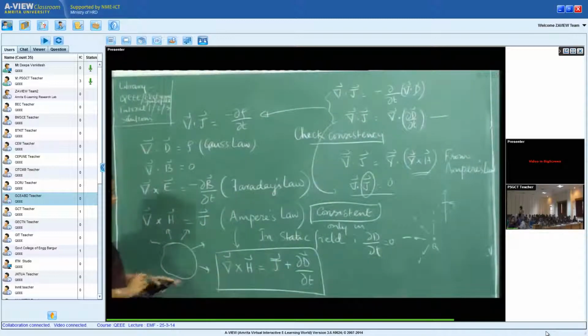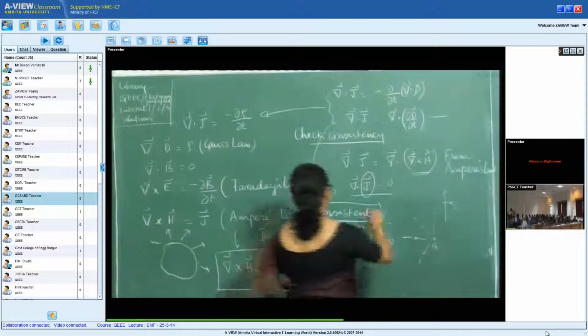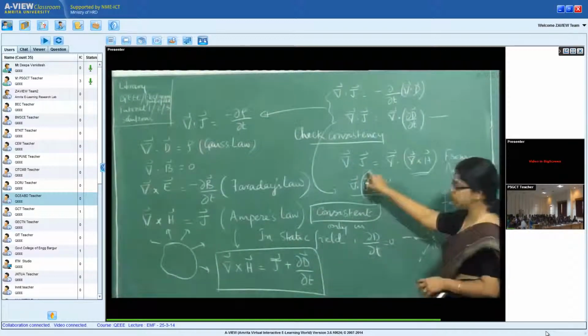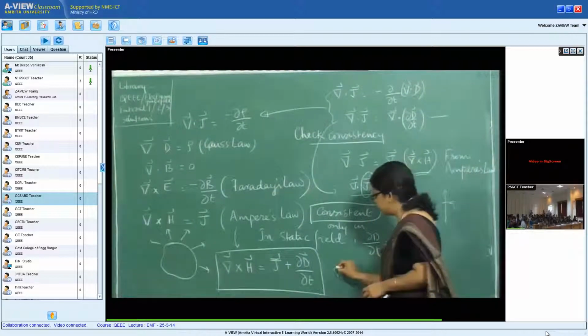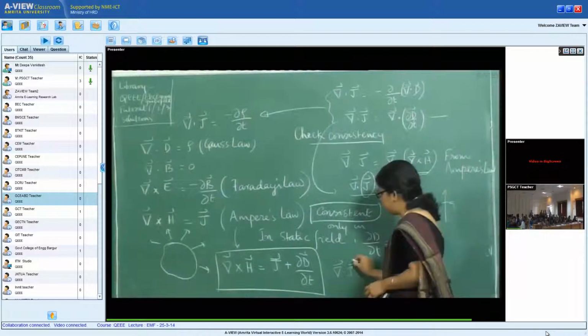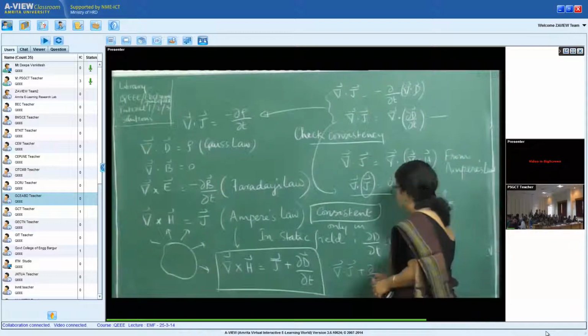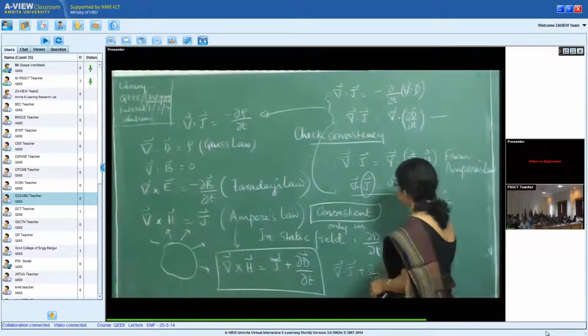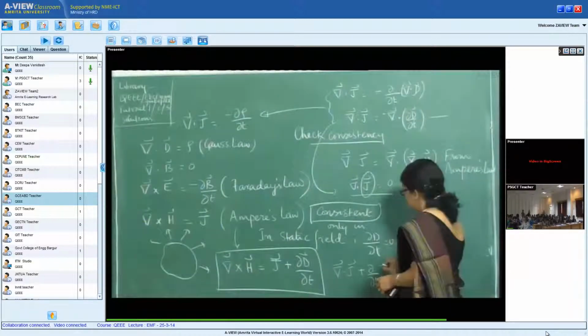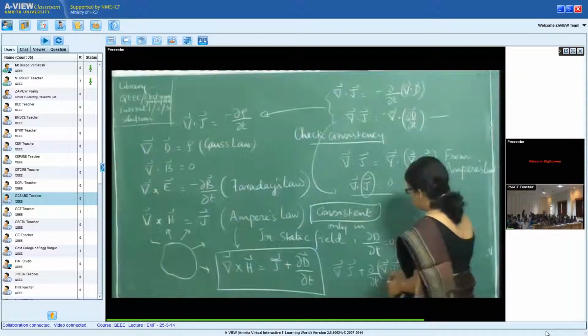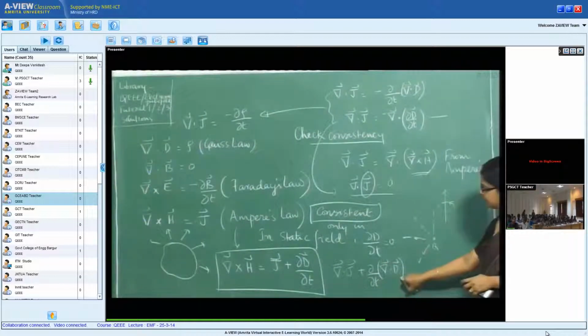then I do the same operation to check the consistency. When I take the divergence of the right side, it is divergence J plus del by del T of D, the time derivative of this.